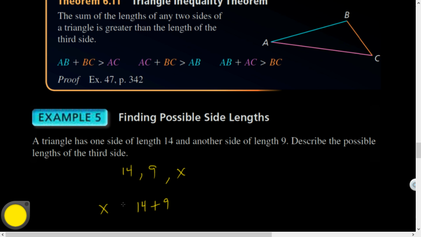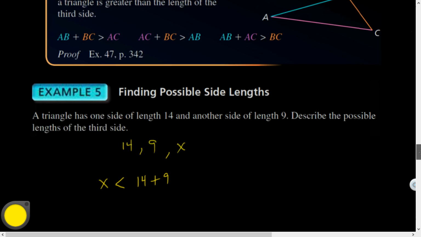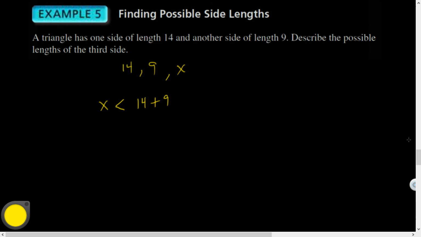No, you were right. X would be less than the sum of the other two sides. You're right. My bad. It would also be that if X is greater than 5, that it would work as well.